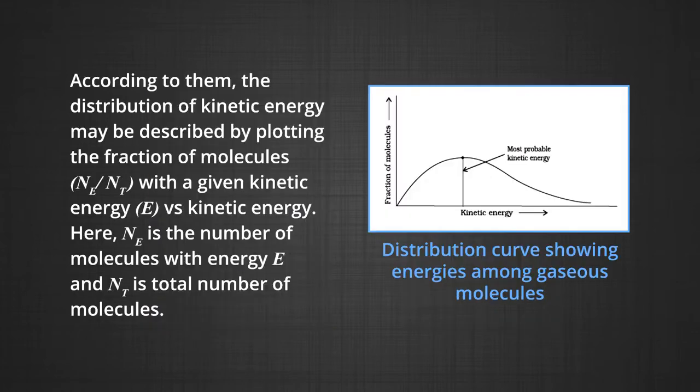According to them, the distribution of kinetic energy may be described by plotting the fraction of molecules, that is Ne/Nt, with a given kinetic energy E versus kinetic energy. Here Ne is the number of molecules with energy E and Nt is the total number of molecules.